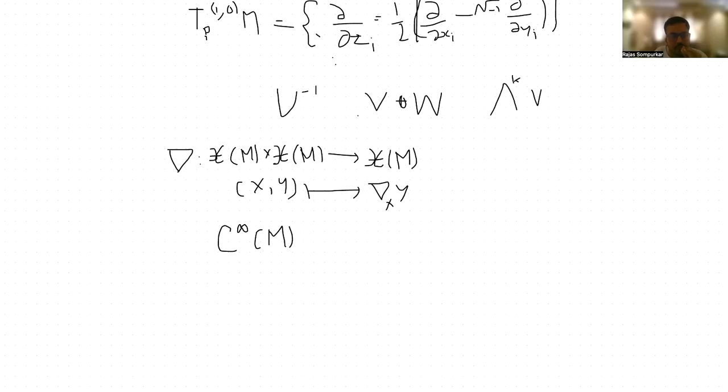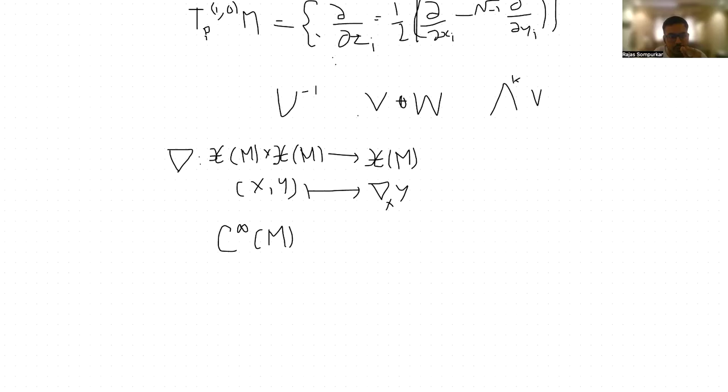So then this XM is going to be a real vector space, and it will also be a module over this ring C infinity of M. So we require this connection map to be bilinear in both the coordinates, and then in the first coordinate it should be a C infinity of M module homomorphism, and in the second coordinate it should satisfy the Leibniz rule.